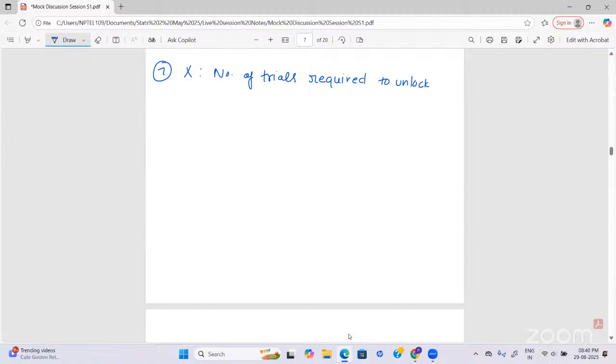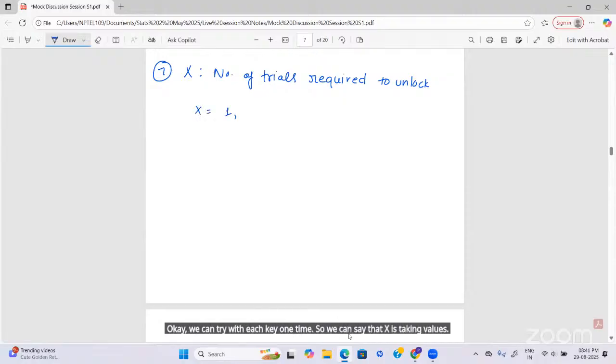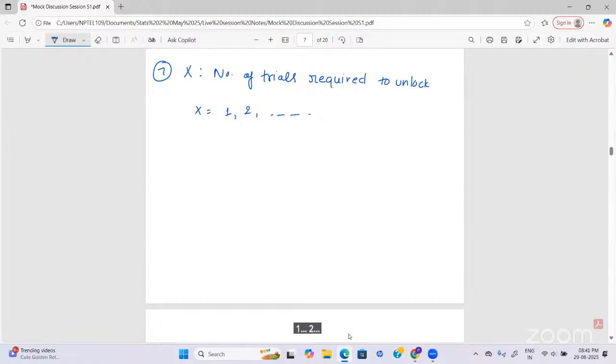How many trials do we have in total? 21, because we have 21 different keys, so we can try each key one time. So X takes values 1, 2, 3 up to 21, and all are equally likely, so all of them have the same probability.